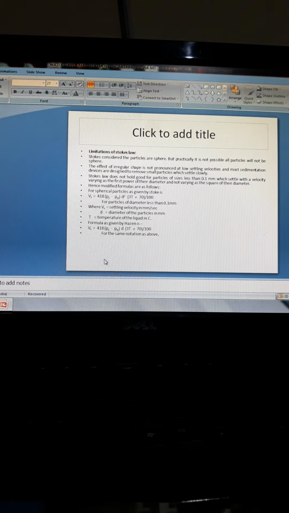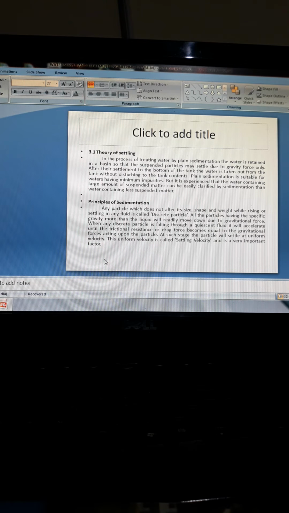Then the water is made to stand for some predetermined time, that is called the detention time.